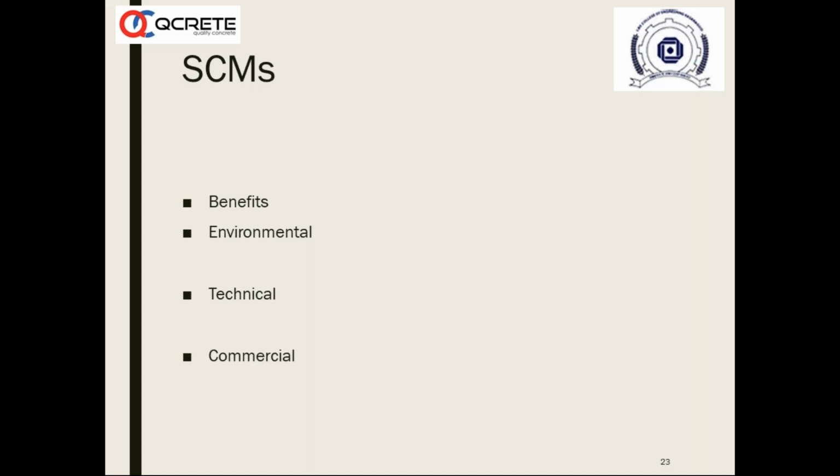What are pozzolanic materials? Pozzolanic materials were first found in a village in Italy. The name of the village is called Pozzoli. Romans used these pozzolanic materials 2000 years ago.